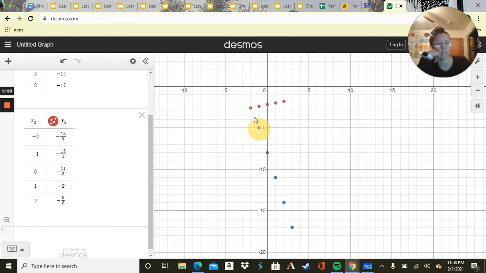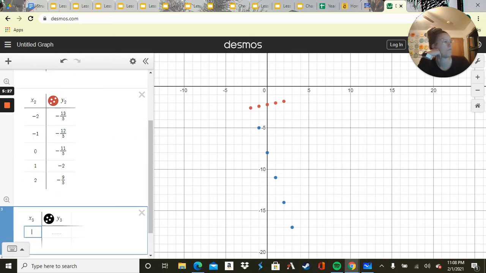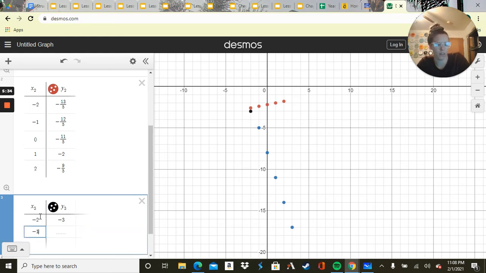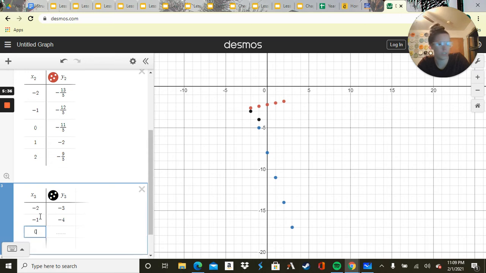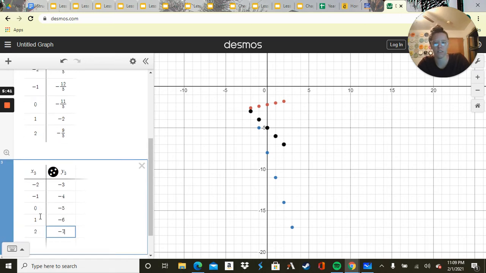So again, we look at it, looks in a line, perfect. Next, -2, -3, -1, -4, 0, -5, 1, -6, 2, -7. Once again, in a line. Now we're going to graph those other equations.